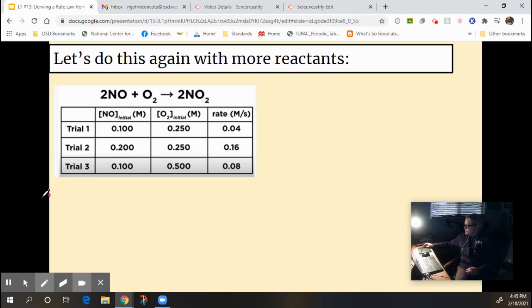We're going to first do what we did the last problem. We're going to compare trial 2 to trial 1. In this case, I'm going to just use capital T for trial 1, not temperature, trial. I'm going to do trial 2 divided by trial 1, which is going to give me 0.200 divided by 0.100 to the nth power equals 0.16 to the 0.04.